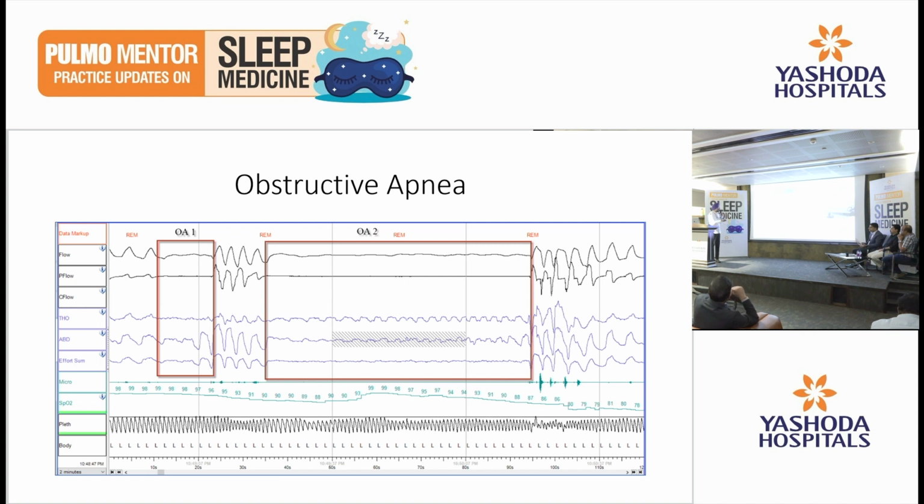Now, when the 90% drop in amplitude is there, this is apnea, we look at the effort channels, and you can clearly see effort is present throughout this apnea. So when effort is present, that is, the airway is obstructed but chest and abdomen are moving, we call it obstructive apnea.